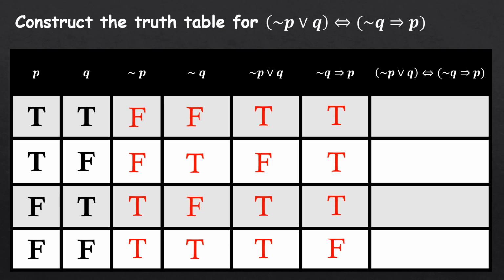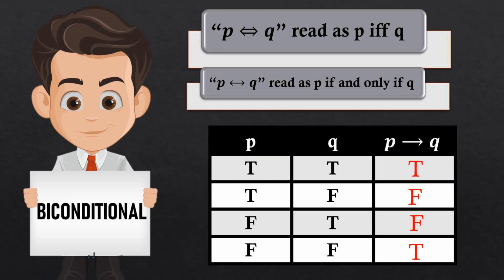Now that we're done with the evaluation of the terms inside the parentheses, we can proceed with the evaluation of the whole logical statement, since there are no more terms outside the parentheses except the whole logical statement. So, let's evaluate the quantity of not P or Q if and only if the quantity of not Q implies P. For biconditional statements, all you have to take note of is that if the truth values are not the same, then the answer is false.